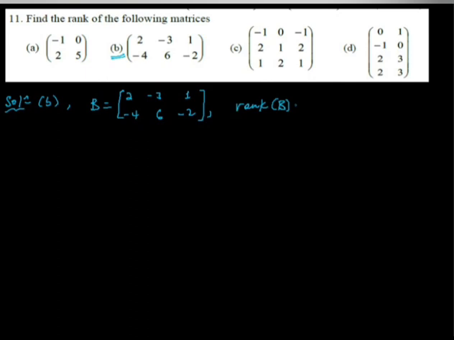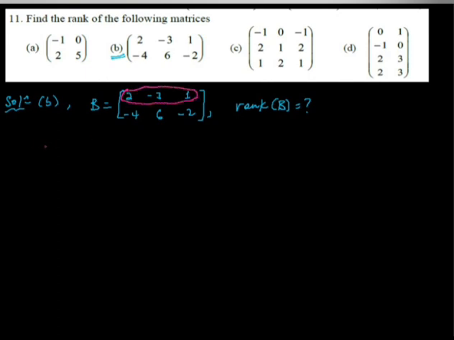As I have told you before, the rank of a matrix is the maximum number of linearly independent row vectors or the maximum number of linearly independent column vectors. We can take whichever we like, either rows or columns. Here we have two rows, so we can take two row vectors.